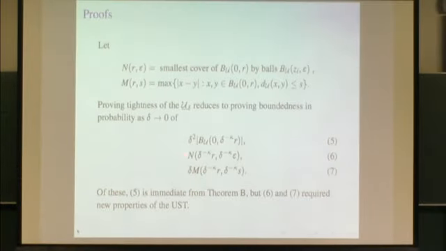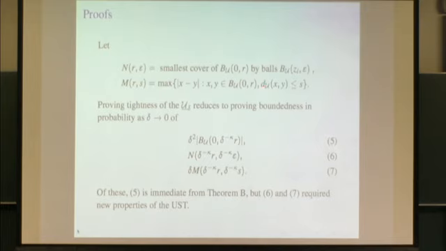So back to the uniform spanning tree, let's write N(r, epsilon) to be the smallest cover of an intrinsic ball of radius r by balls of radius epsilon. And M(r, s) is the biggest Euclidean distance between points in an intrinsic ball of radius r.